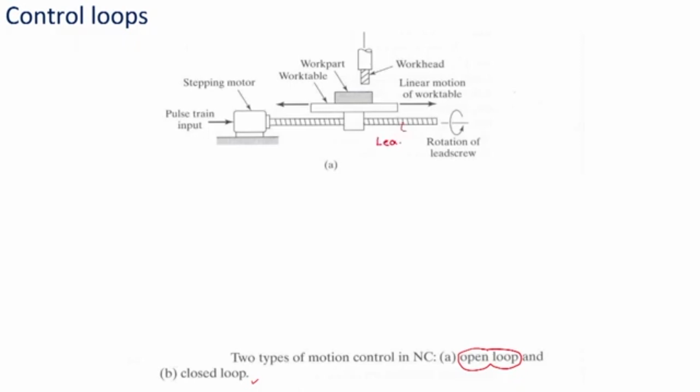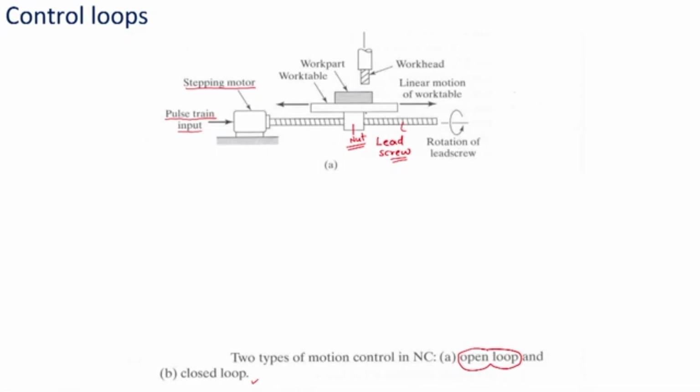Here we are interested to have the precise movement of the table. Over the nut we have mounted the work table, over that table the work part is mounted, and then we are processing by using our laser. Unless and until there is a precise movement of the work table, we cannot achieve the required product quality.